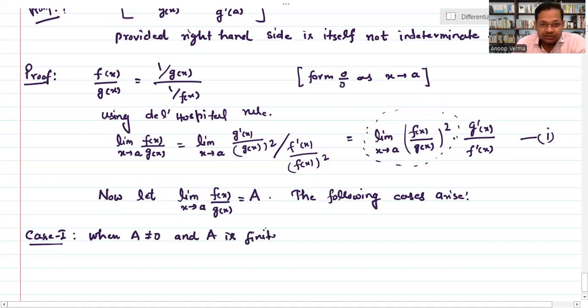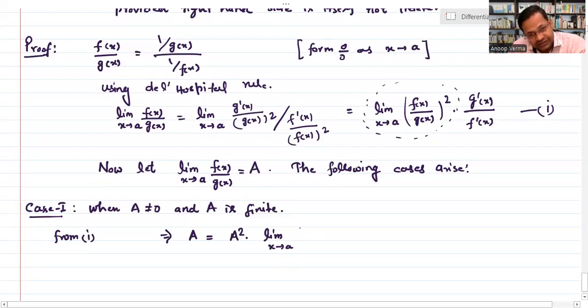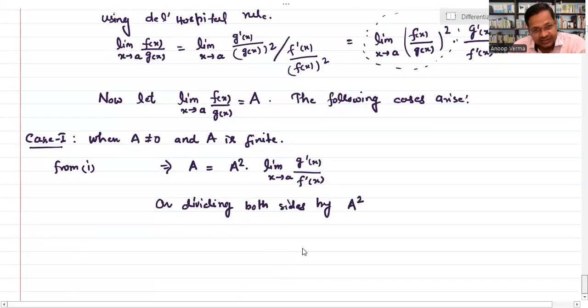So non-zero finite. Now, for some time, if we look at dividing this whole expression, what will the expression be? It looks like this: from 1 we can easily say this a is equal to a square into the limit x tending to a of g dash of x divided by f dash of x. If we are dividing the whole expression by a square, on dividing both sides by a square, what you get from here is 1 upon a, because a is a non-zero number, so you can easily divide by a square.